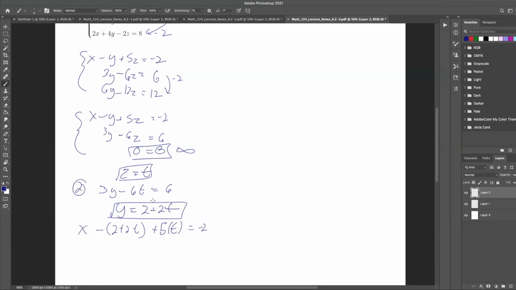Solving this for x, the minus 2 and the minus 2 cancel, and I'm left with x equals minus 3t. So my answer here is (-3t, 2 plus 2t, t).